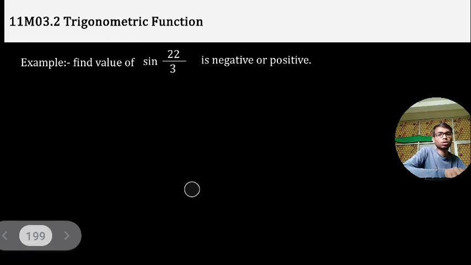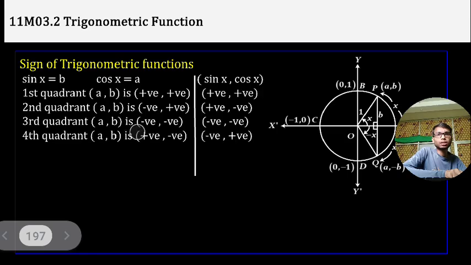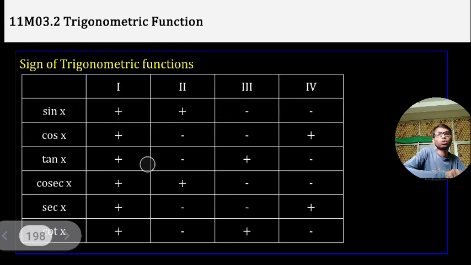Here in the third quadrant, both are negative. So we know that sine upon cos is tan. So tan would be positive, and the reciprocal of tan would also be positive.